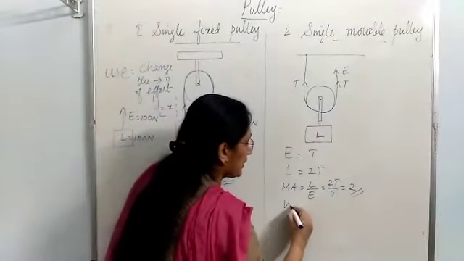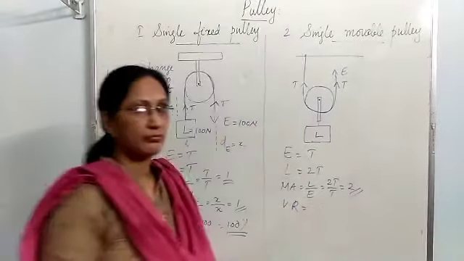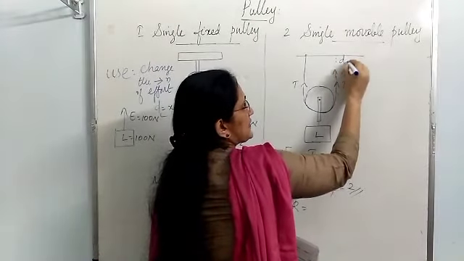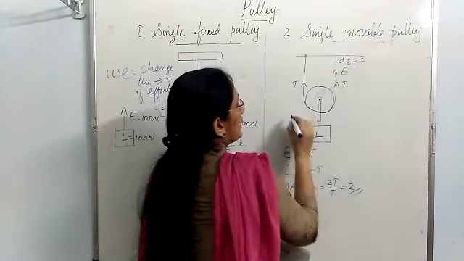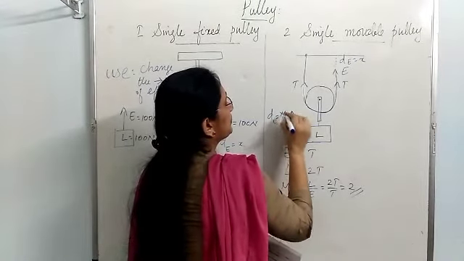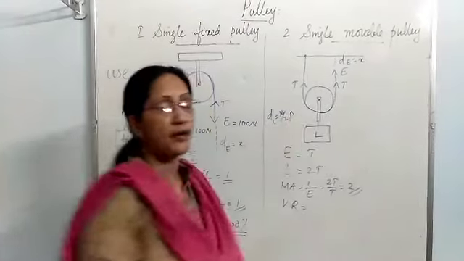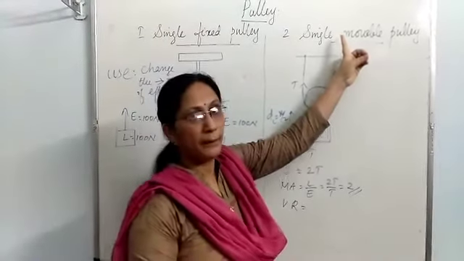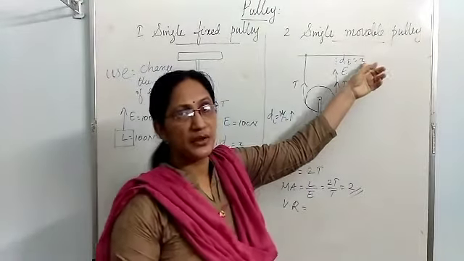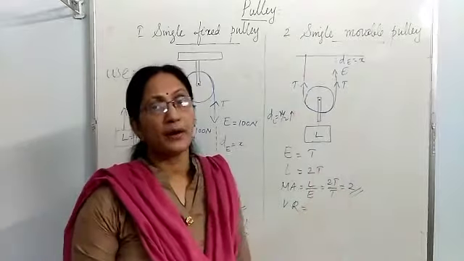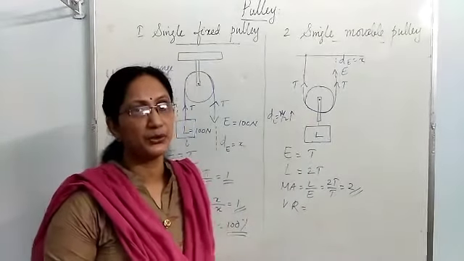Now what is its VR? Suppose you are applying the effort through a distance x, then the load will be going up by x by 2. Only half of it. If you pull this rope up by x units or x meter, the load will go up by half of it, x by 2.